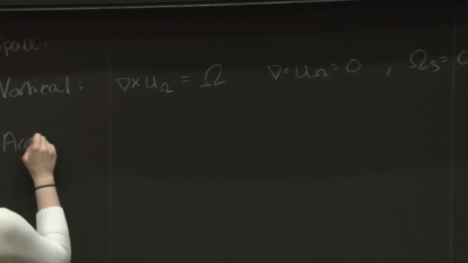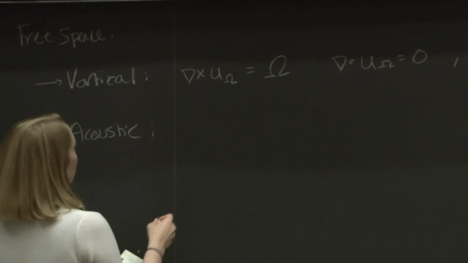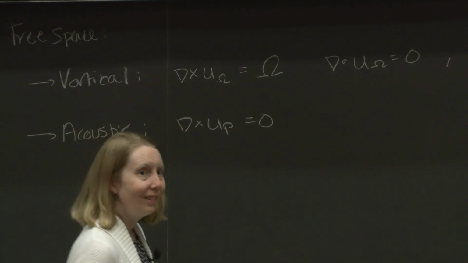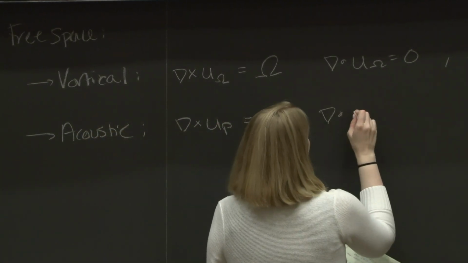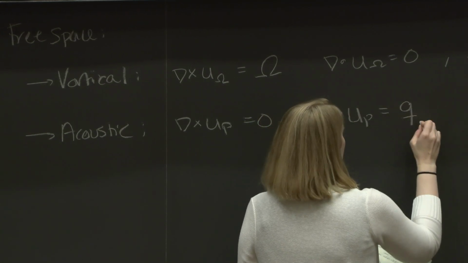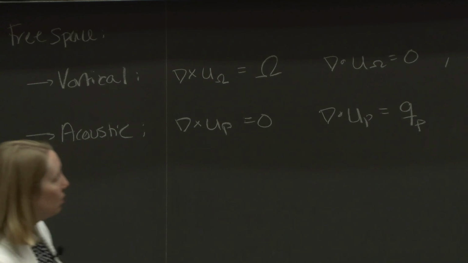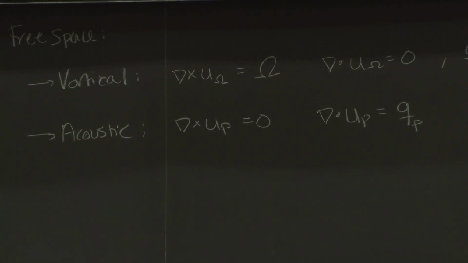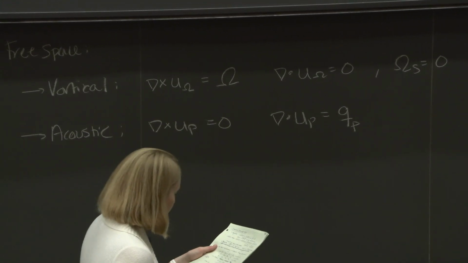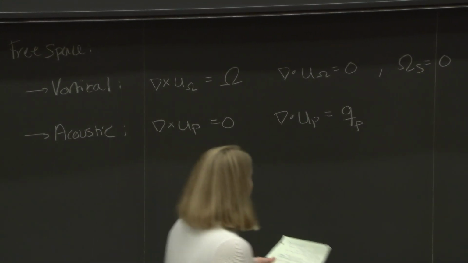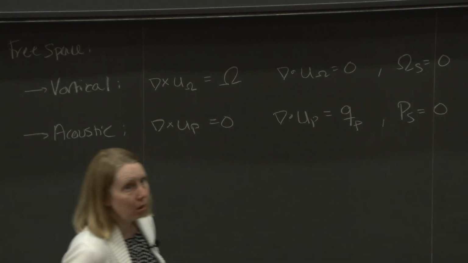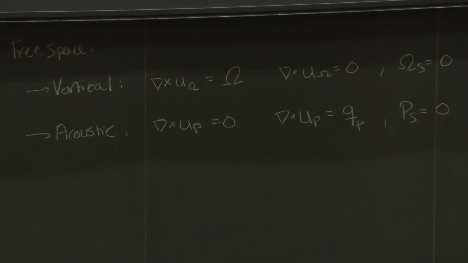Usefully, acoustic disturbances, the curl of an acoustic disturbance is 0, and the dilatation is, they give it some value, Q sub P, which is super confusing because we've been using Q for heat release rate. So this is not heat release rate, this is another value. And similarly, P sub S is 0, or pressure disturbances propagate isentropically.